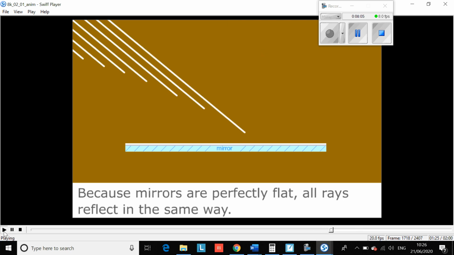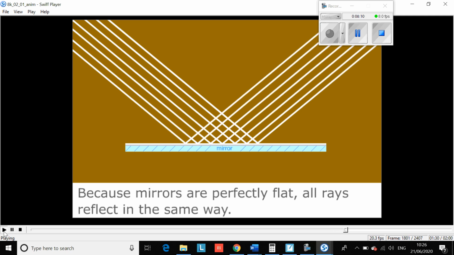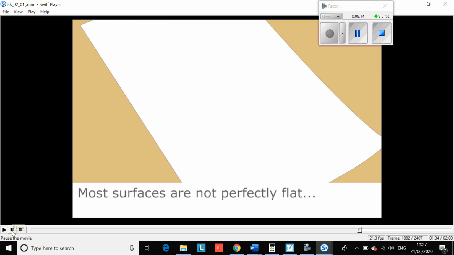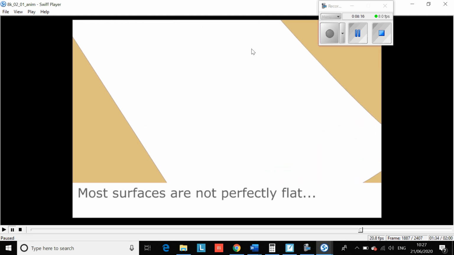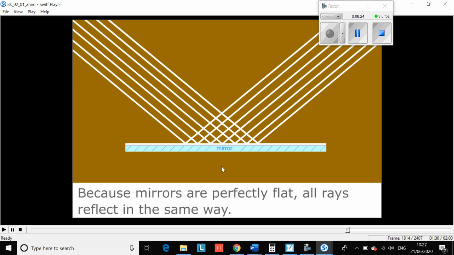There they go. And they hit a flat surface and bounce off in a very predictable way because it's flat. But most surfaces, like for example a piece of paper, under the microscope are not flat. They're a bit more bumpy. Okay, so if I just quickly run that back, this is what we call specular reflection.